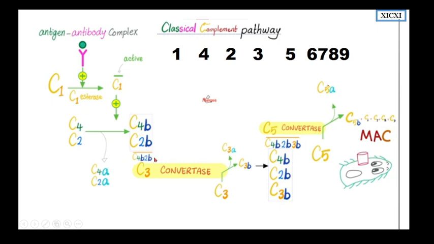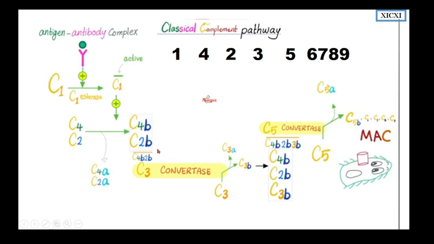Now the 2 are going to be called C3 convertase. This is an enzyme which will convert another protein, which is C3, into C3b and C3a. C3a will leave this pathway, and we're going to continue with only C3b.